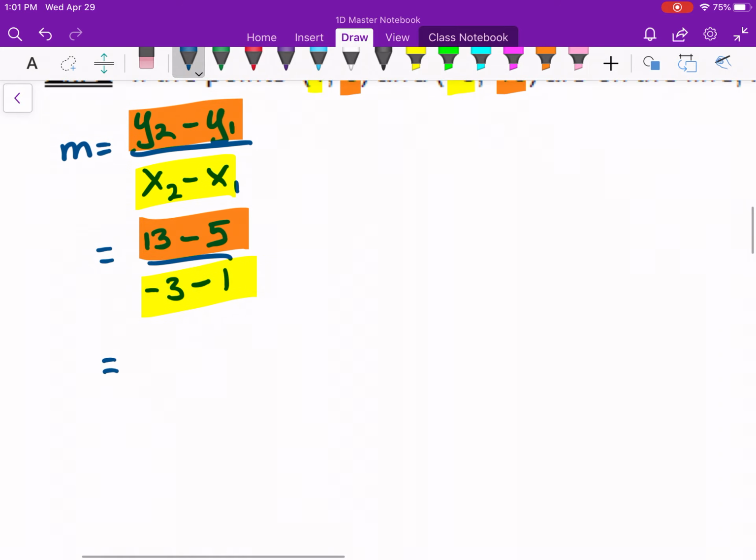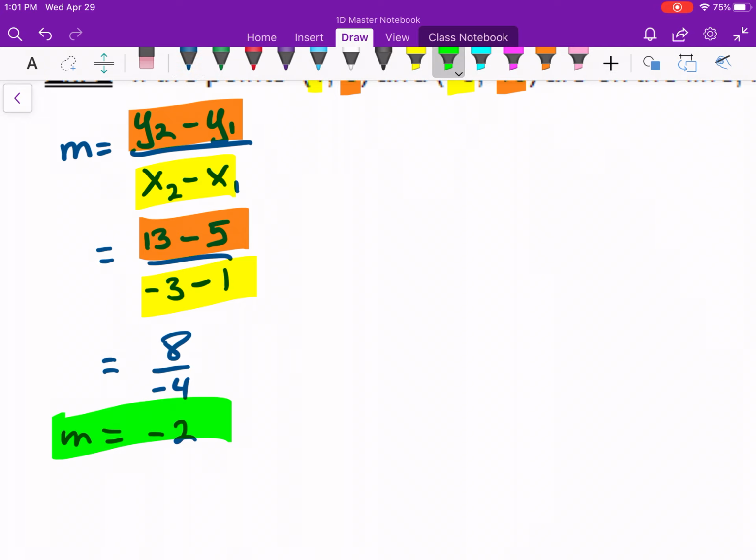Simplify it. 13 minus 5 is 8. Negative 3 minus 1 is negative 4. We should always reduce. That goes down to negative 2. And that is my slope.